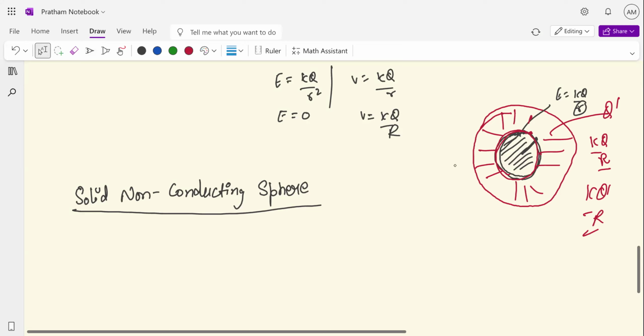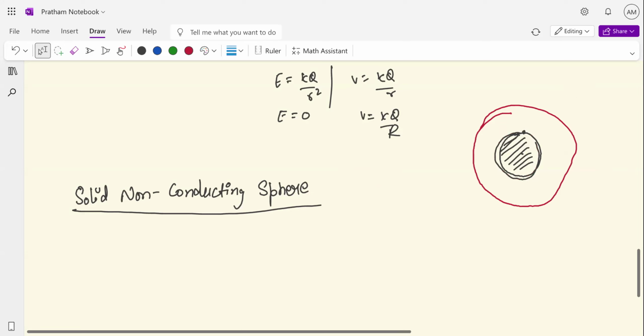Understood? Because due to the sphere, even if the electric field inside is zero, even if I assume it is hollow, due to the outer portion the electric potential inside goes constant, right? So that is why this case goes a bit different.